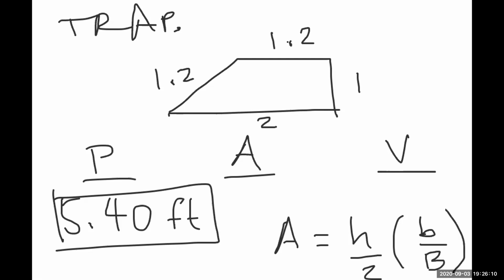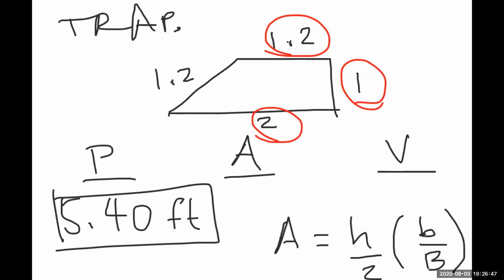So h means height. For this example, 1 is your height. The little b is the top base. So you're looking at the 2 sides that are parallel to one another. The top base is 1.2 and the bottom base is 2.